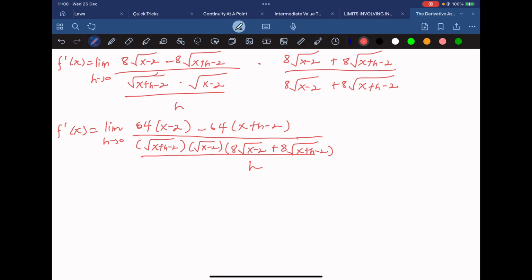But remember, instead of writing everything over h, you can just multiply by 1 over h. So we can go ahead and expand the parentheses. In that case, if we expand, we have 64x, this times this, 64x times this, that is 128.